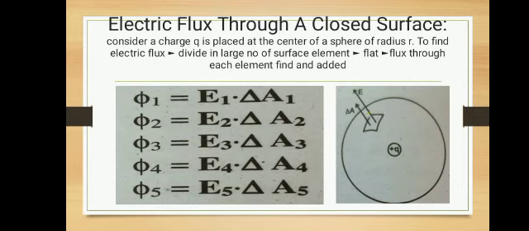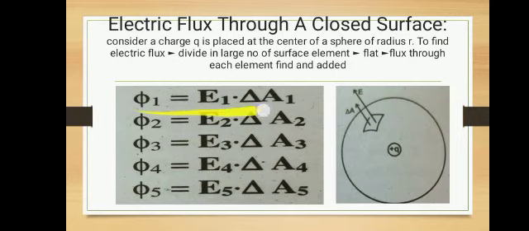After dividing this complete area into small patches having flat surfaces, we will calculate electric flux through each surface, and after calculating the flux through each element, these calculated fluxes are added.